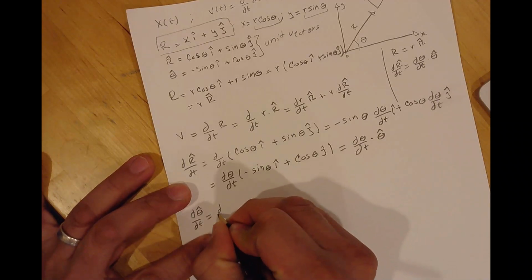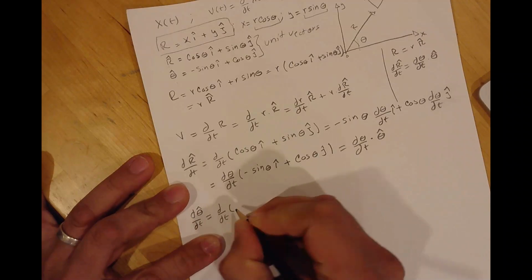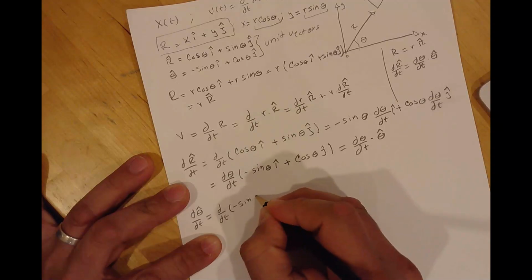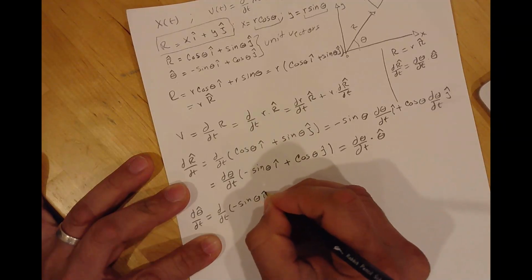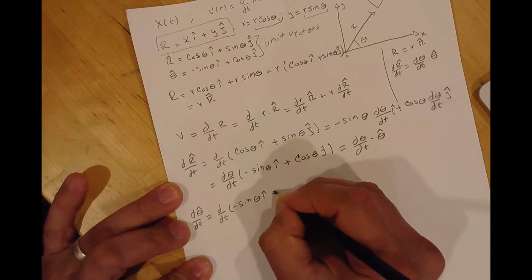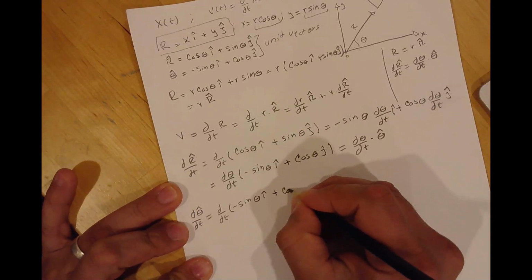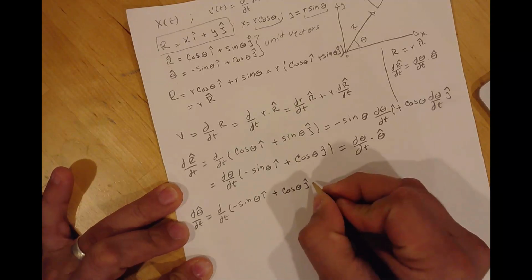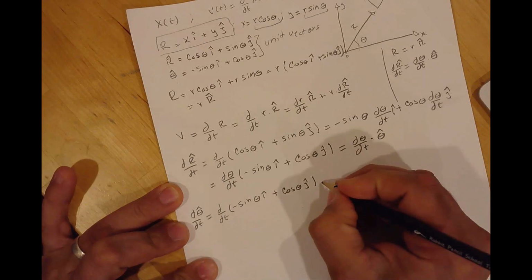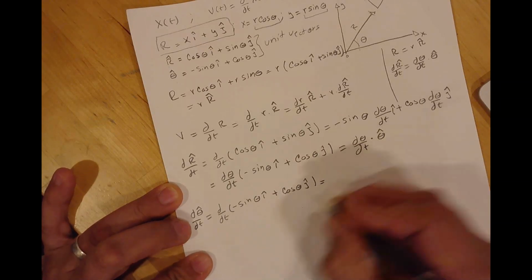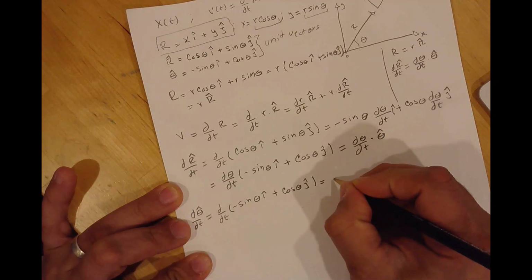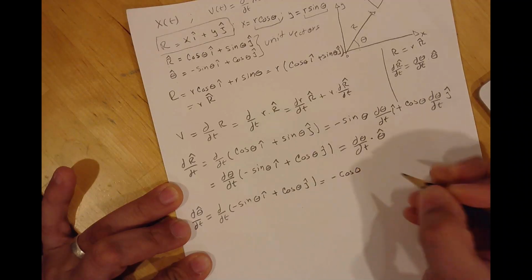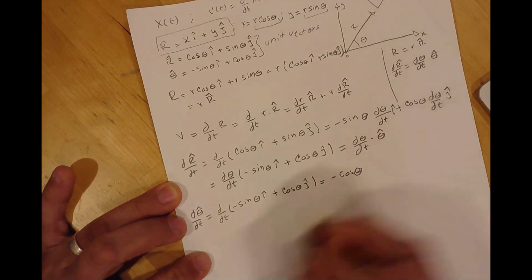Basically, we have the same derivative of theta with respect to t, multiplied by minus cosine theta i minus sine theta j.